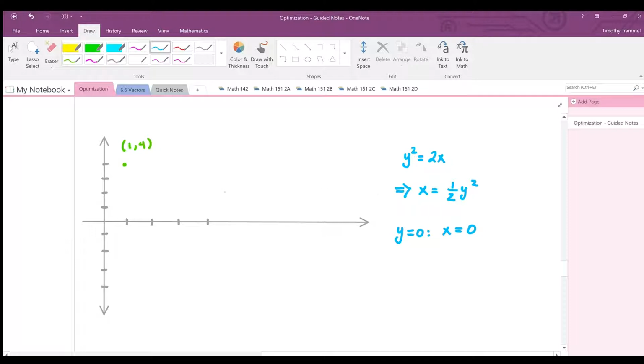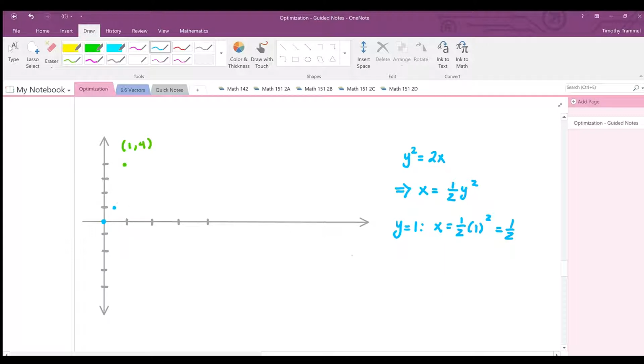So you could go plot (0, 0). Let's try and plug in y equals 1 now. If y equals 1, then x is going to be equal to 1/2 times 1 squared, which is 1/2. So I'll go to x equals 1/2 and up to y equals 1.